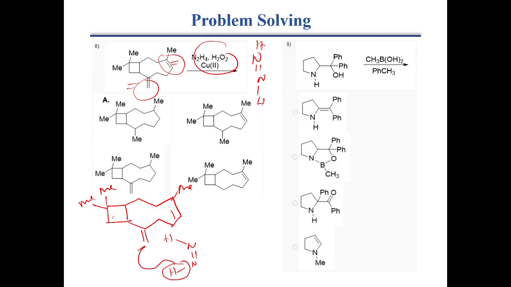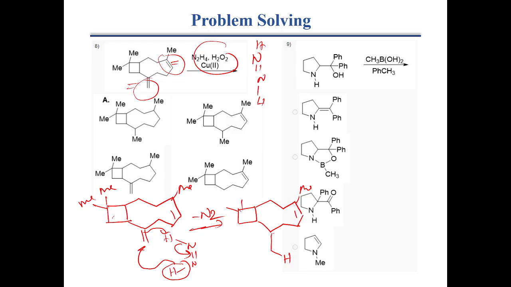So this will react here, this will react here, and eliminate the nitrogen. Nitrogen will be eliminated.